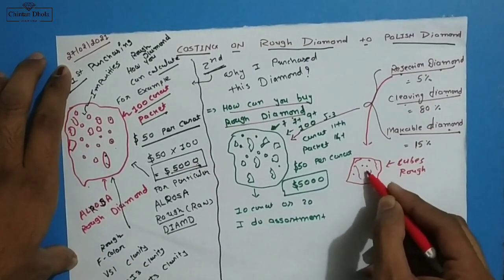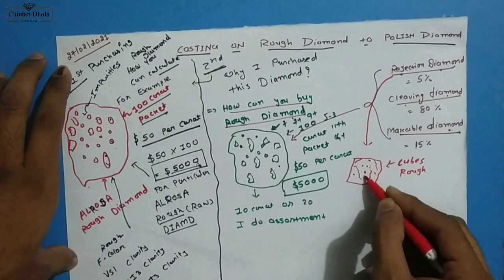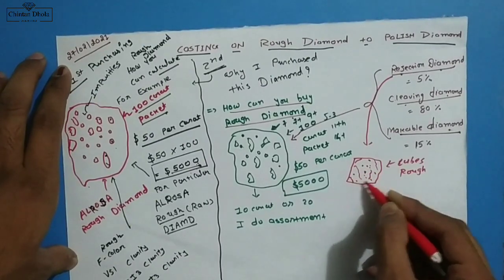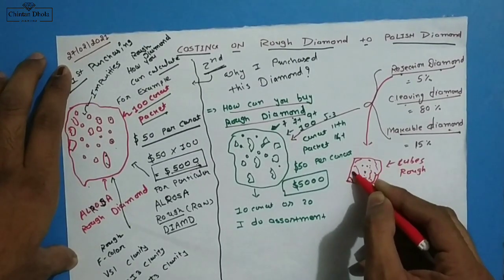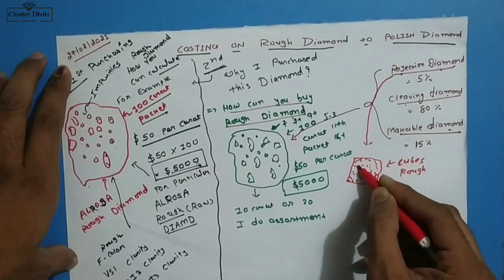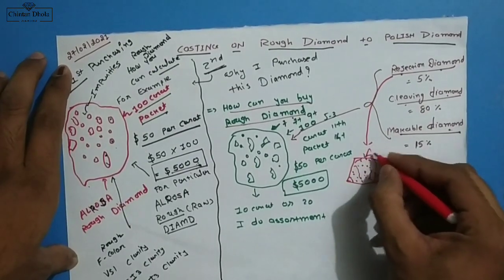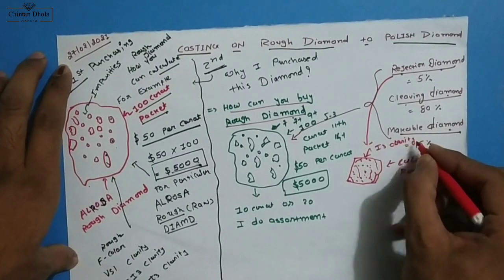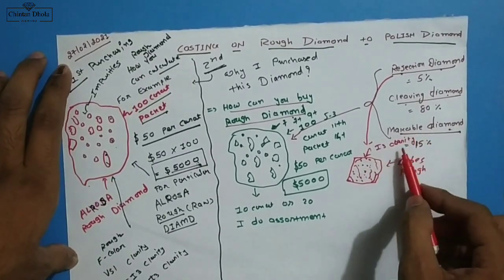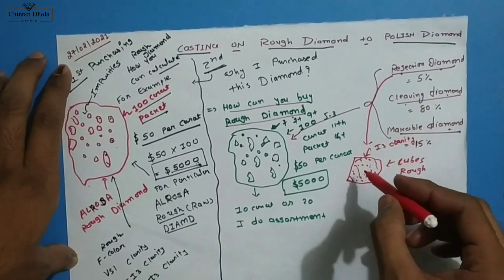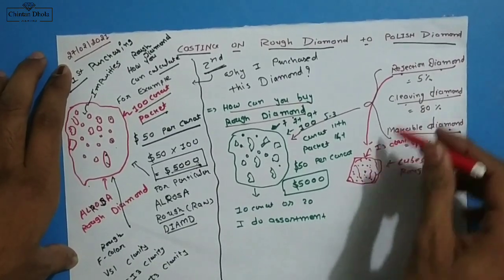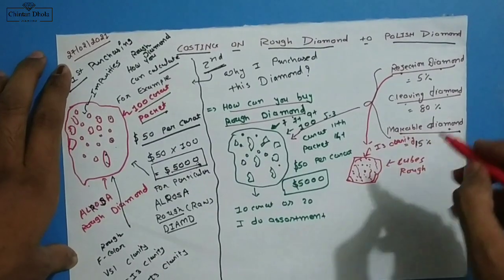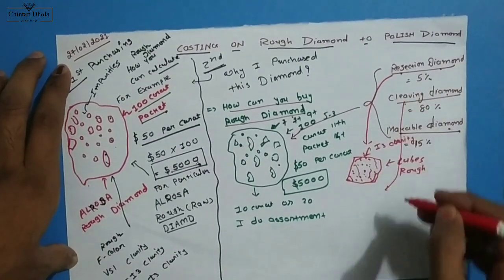You can see here feather cracks, different types of knots, different types of uneven clarity, and we can't get I3 clarity diamond. We never get any I3 clarity polished diamond from this particular rough diamond, that is called rejection diamond. Okay, then what is the cleaving diamond?